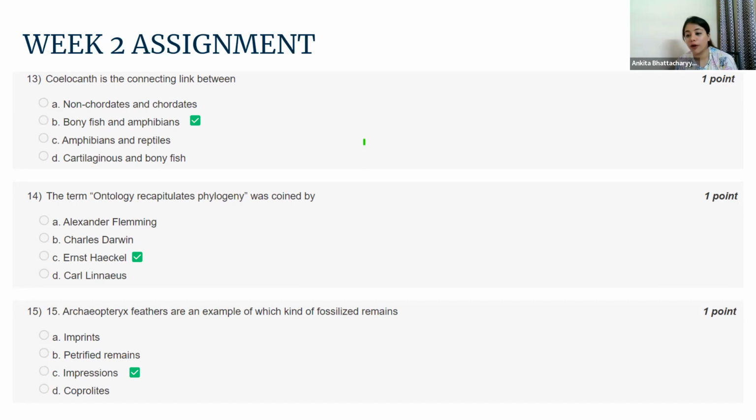Paleontology basically means that there is some fossil or remain which has been recovered and used to study the changes that have occurred over time. There, Archaeopteryx feathers were particularly considered to be impressions, which are a subclass of paleontological evidence. So they are one type of fossilized remain. So that is the answer to this question.